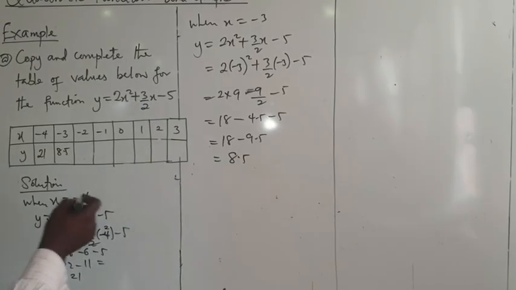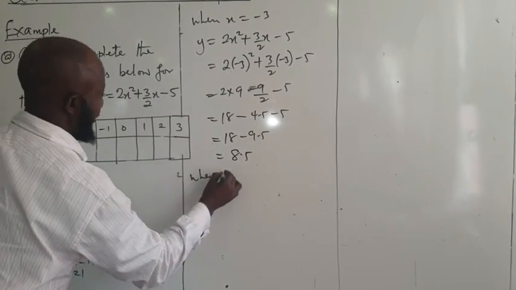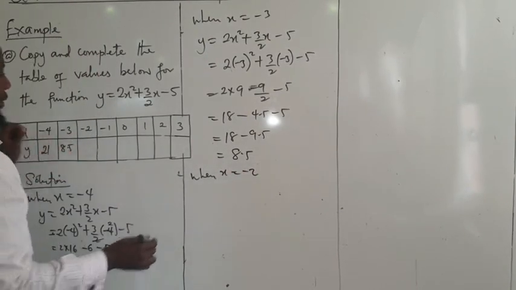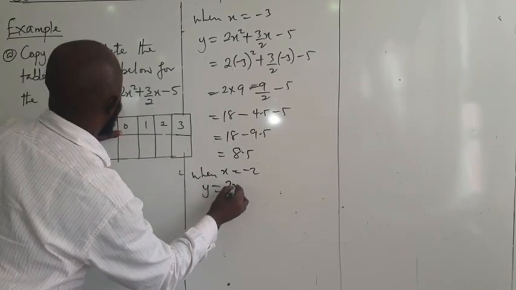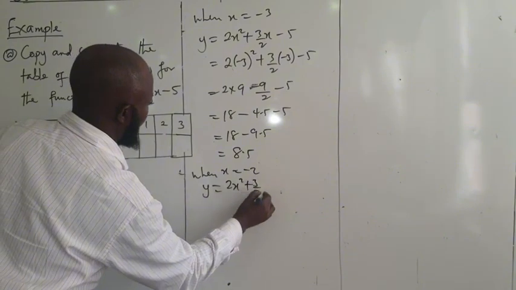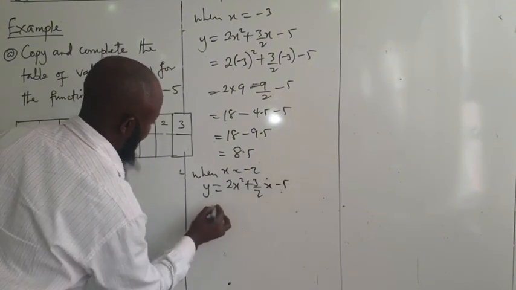When x is equal to minus 2, y equals 2x squared plus 3 over 2 into x minus 5. So we now put the value.